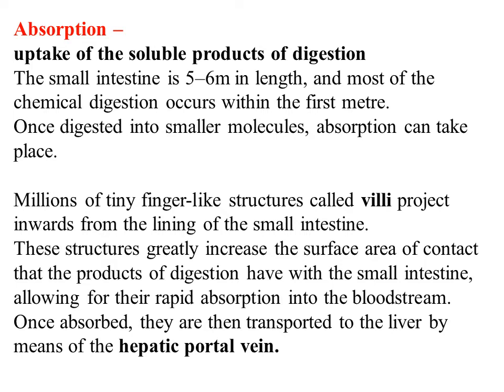In these capillaries, the simple form of food nutrients comes inside the blood, and now it is ready to be transported from the villi to the different parts of the body. That is called absorption. And when they are ready to move with the help of blood, that is called assimilation.